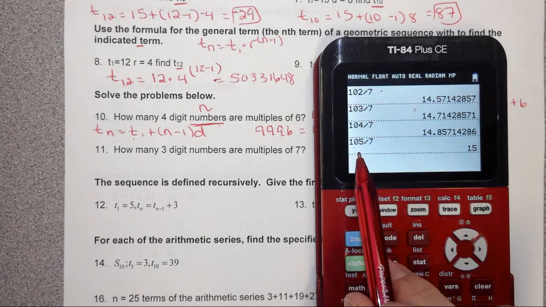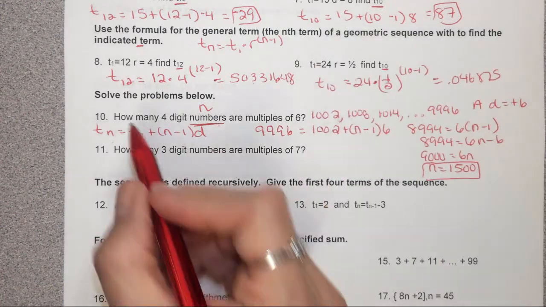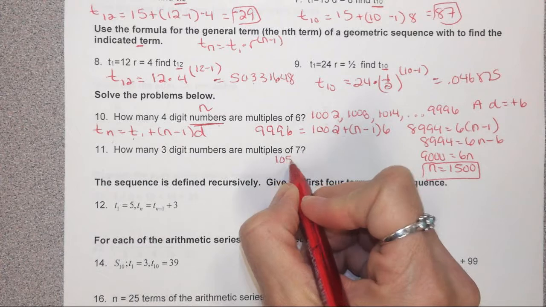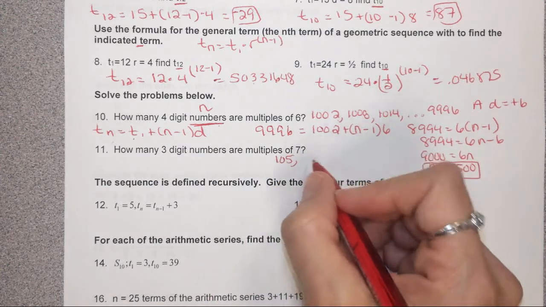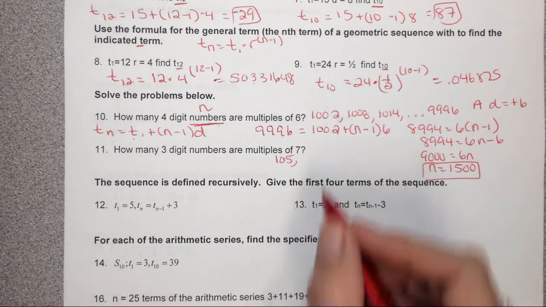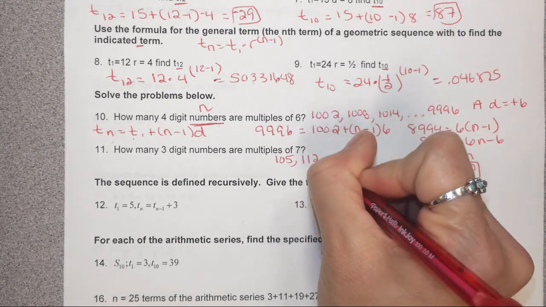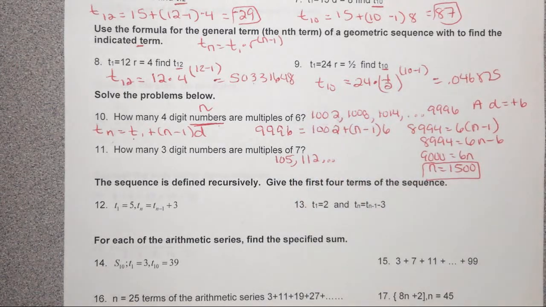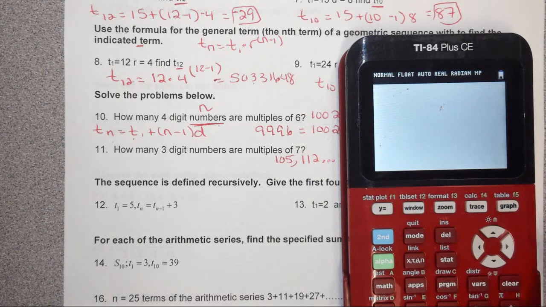So 105 is the first number I can divide by 7. So the first number is going to be 105, comma. I'm going to add 7 more to get the next one. So 105 plus 7 is going to give me 112, dot, dot, dot. Now I need to find the last number I can divide by 7. So 999 is the last 3-digit number.